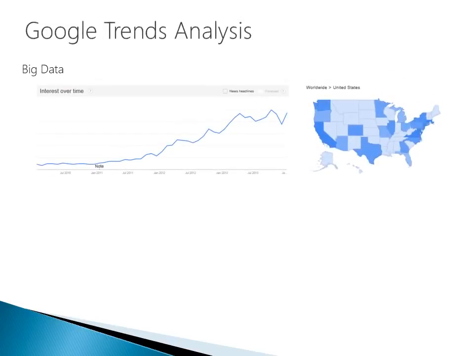Furthermore, if we look at search results for big data, we find in 2010 and 2011 that nobody really heard of big data. And all of a sudden, you see this giant growth in the graph, and there's a lot more interest in it. Looking at the map on the right-hand side, we can see the shaded areas, which represent more concentration of the search results.